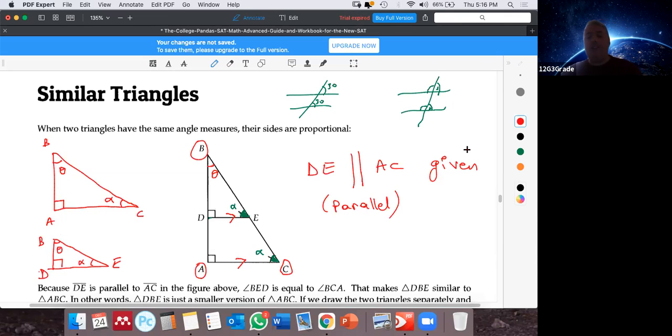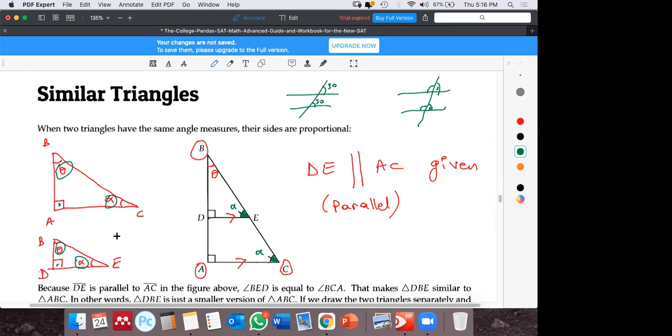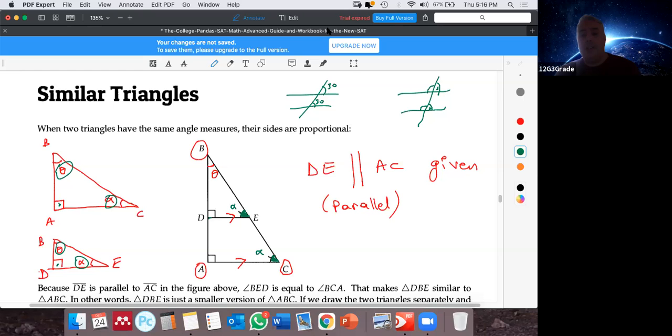So my question is: are the angles congruent to each other? 90, 90, theta, theta, alpha, alpha. Yes, sir. So they are congruent, okay? Now we have one rule.